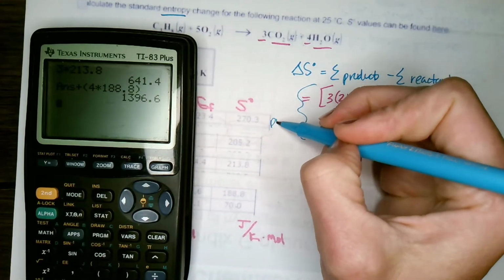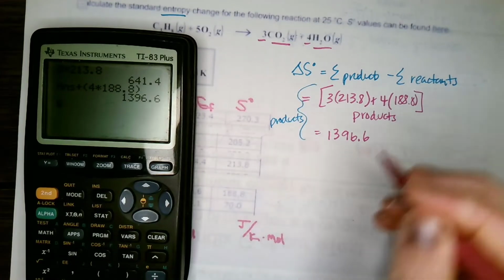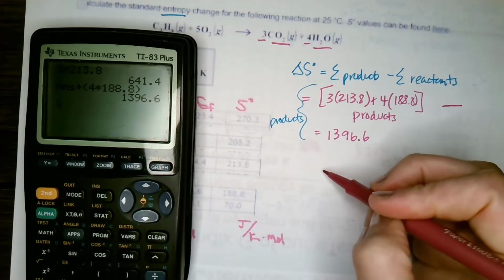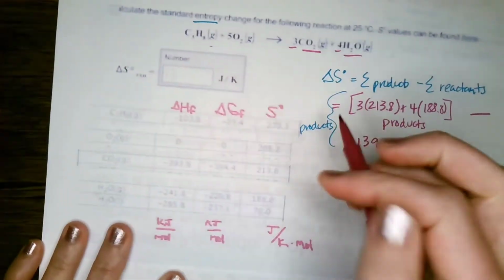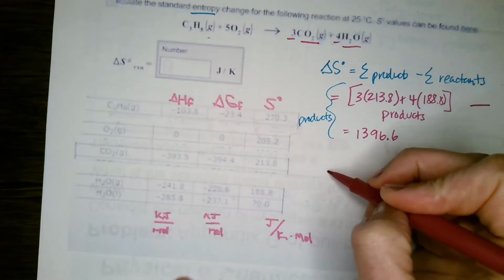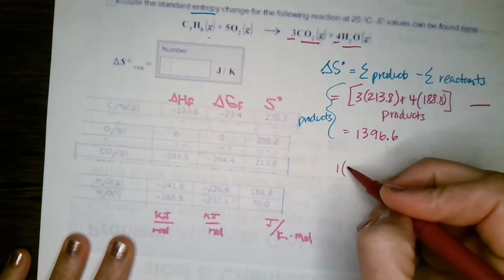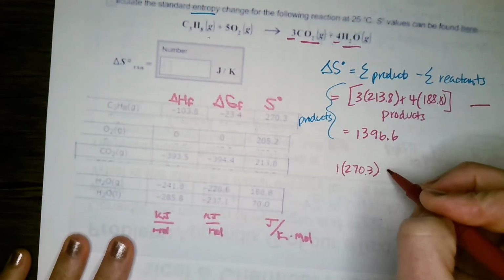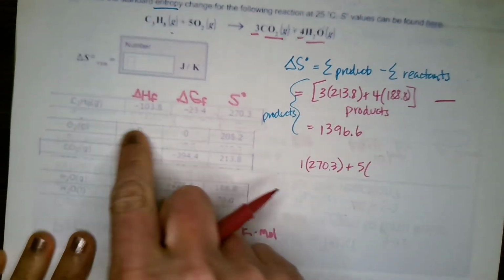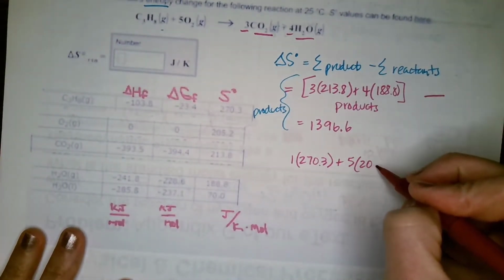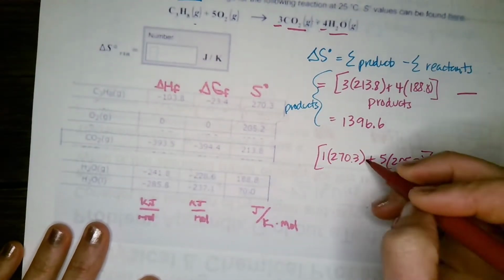Now let's look at our reactants. Now let's do minus our reactants. We have 1 mole of propane, so we'll do 1 times 270.3 plus 5 moles of oxygen gas, 205.2.